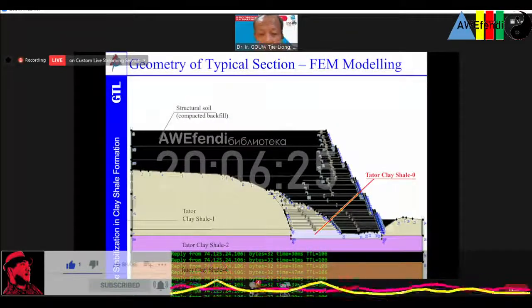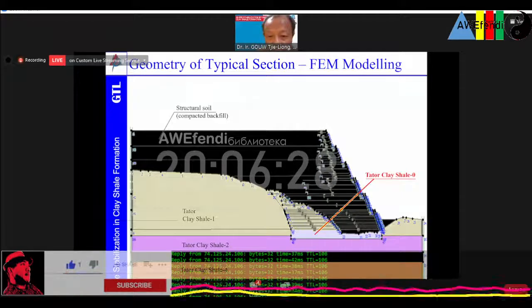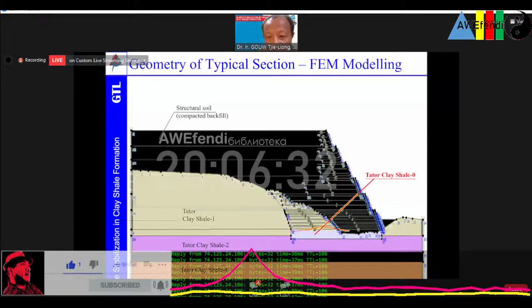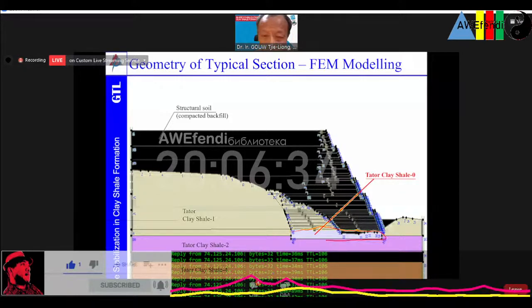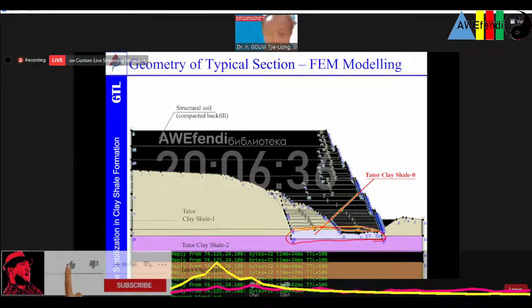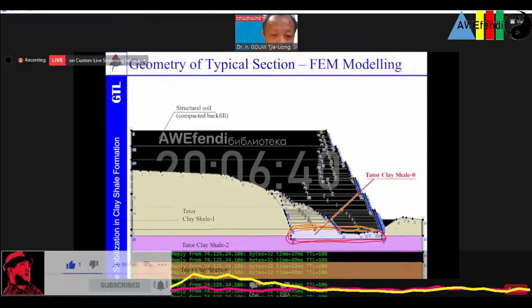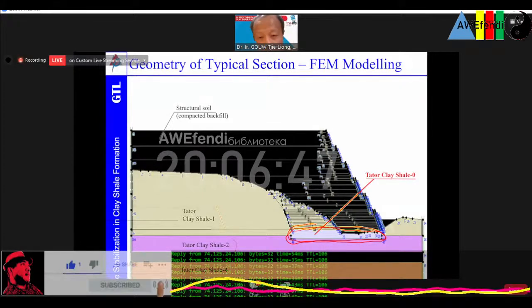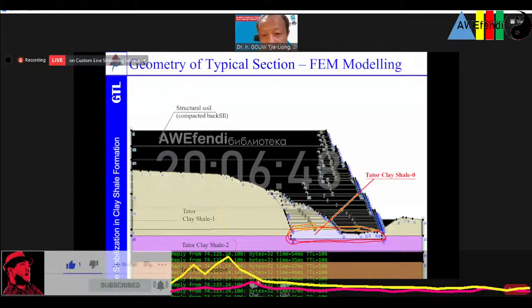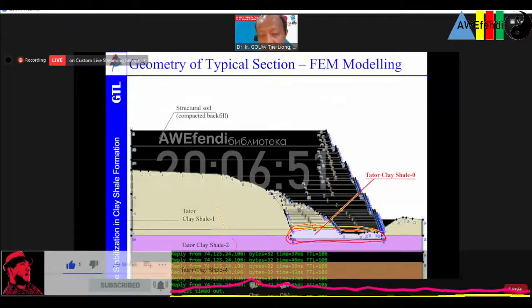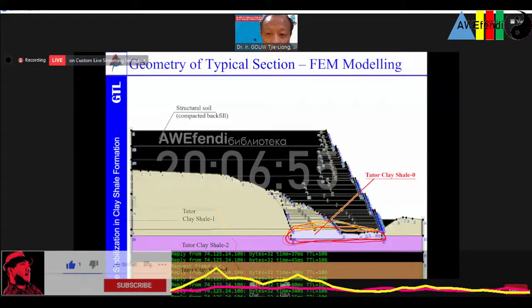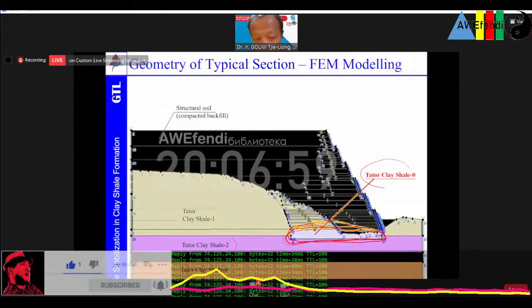So what we do is this one. This is the first 3 layer at the base, where I assume a lower strength value of the just now C 20 kPa and the phi value of 17 degree. The rest is as per normal, as what we got from the testing, and we took the normal value. Only the first layer over here, first 3 meters, we took lower value, which I name it clay shale number 0.